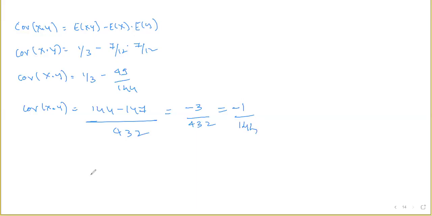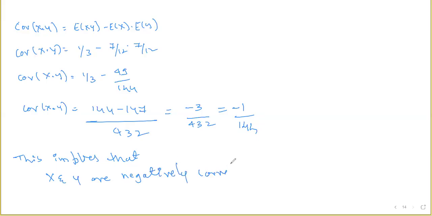The minus symbol is there. It means that x and y are negatively correlated, right? Is it clear?